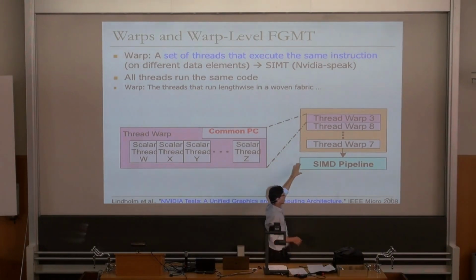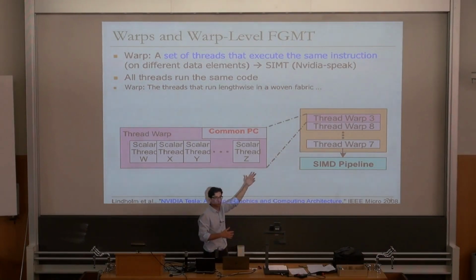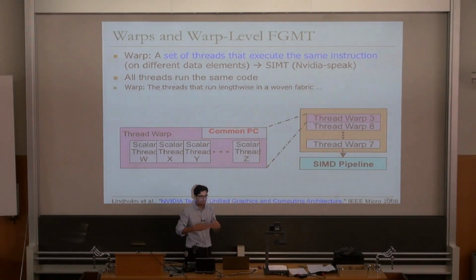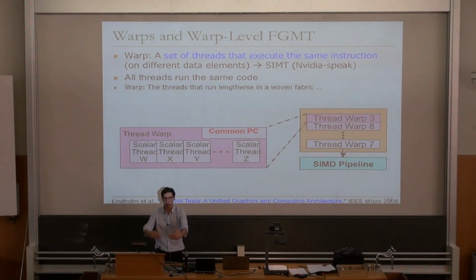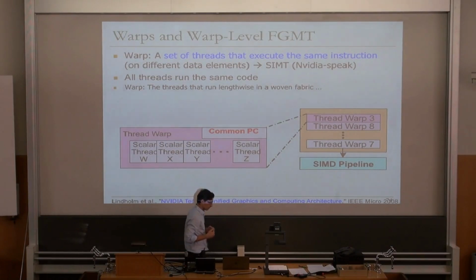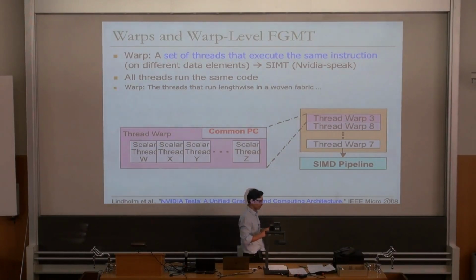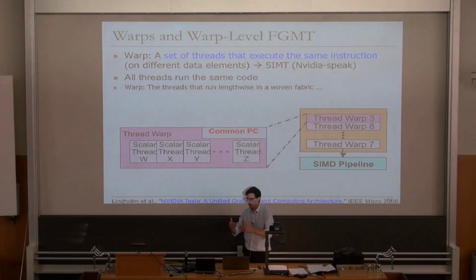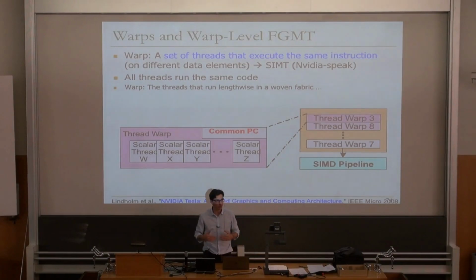This is our SIMD pipeline here, and we start issuing instructions on this SIMD pipeline and executing instructions on the functional units that we have in this SIMD pipeline. And these instructions come from different warps. Warp 7, warp 8, warp 3. So maybe in cycle 0 we issue the load instruction for warp 0, and then in cycle 1, we issue the first load instruction for warp 1 or maybe for warp 20, and then the next instruction might be the second load for warp 0, and so on.